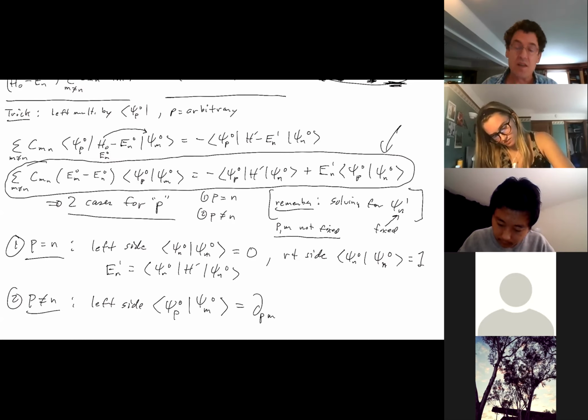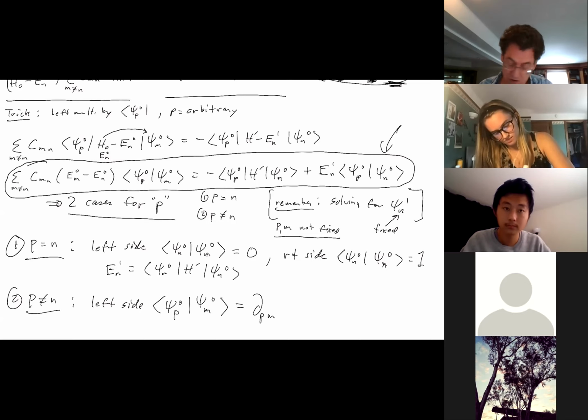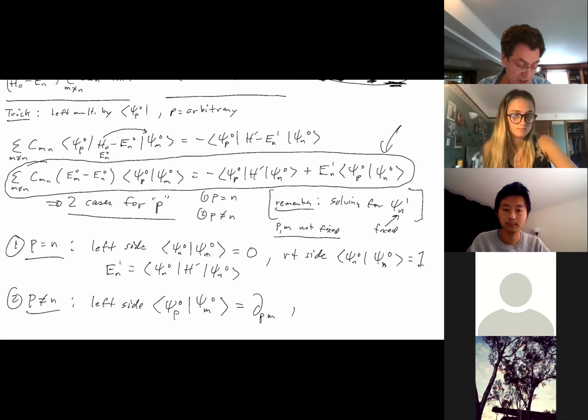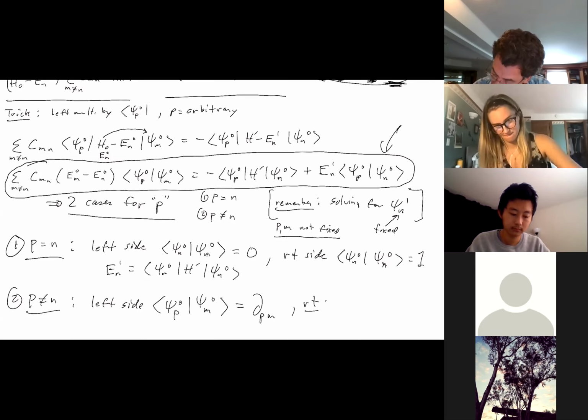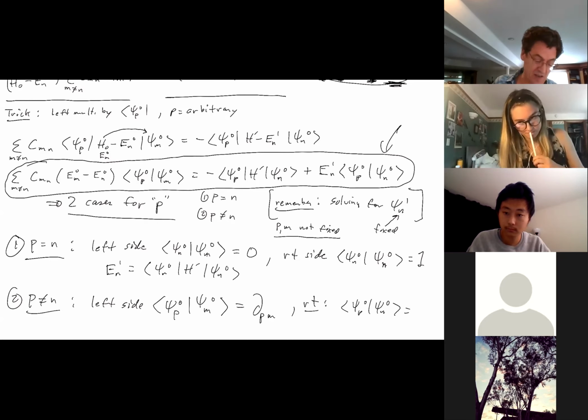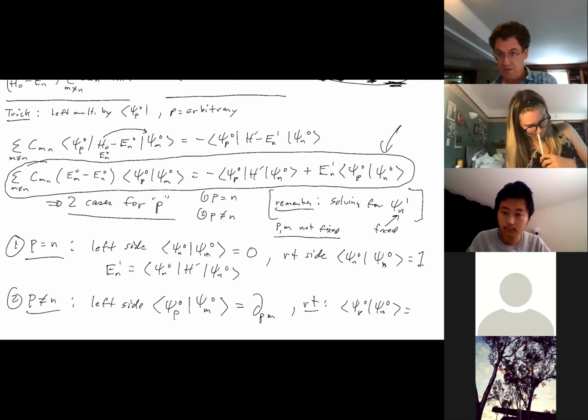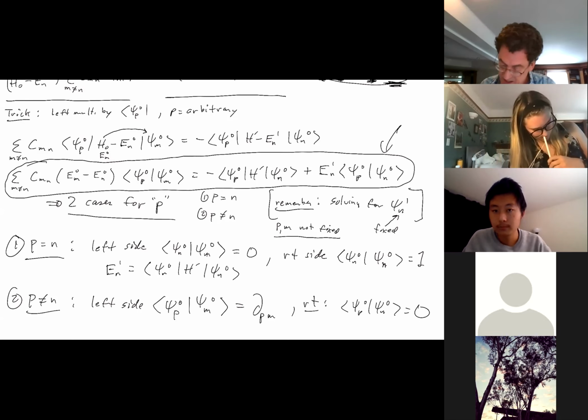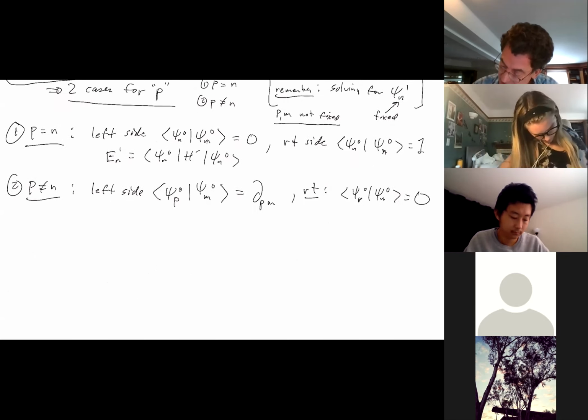And of course, we also know that on the right side, we're going to have psi p naught, psi n naught. And what is this going to be equal to on the right side? 0. Exactly, because p is never equal to n.